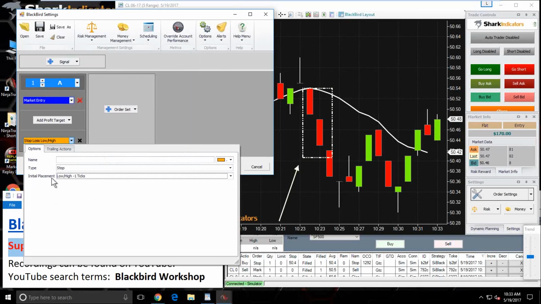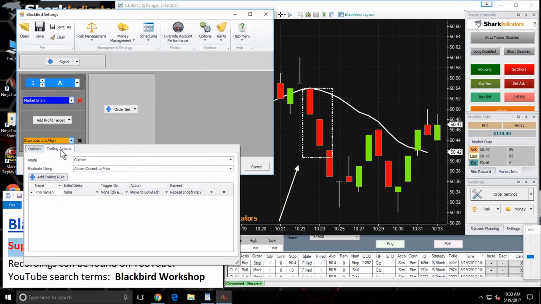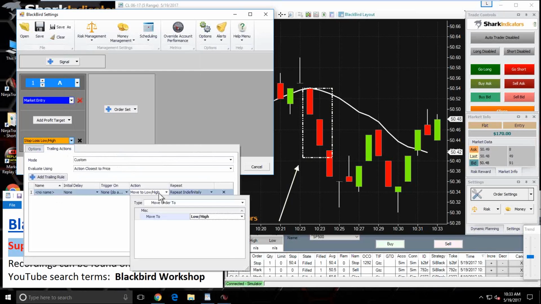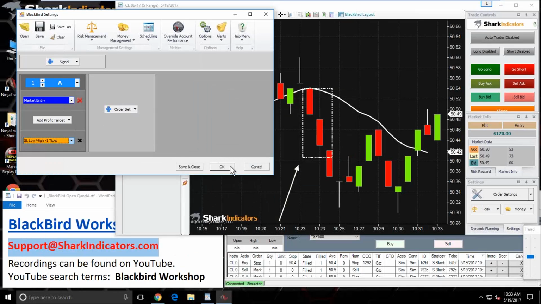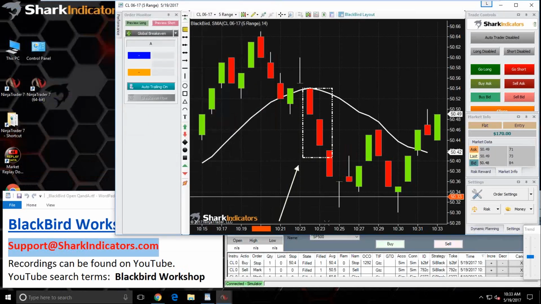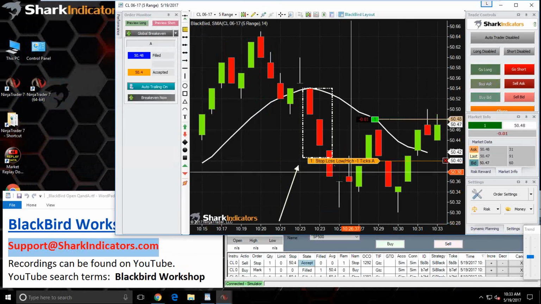Right, now remember, that's only for our initial placement. So I would need to go in and adjust my trailing as well. So there we go. All right, so let's go long.